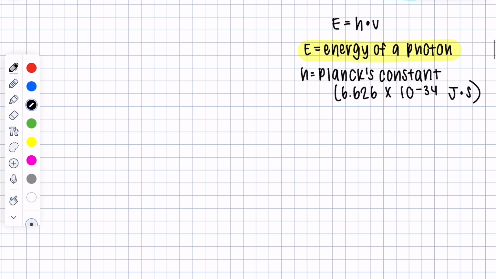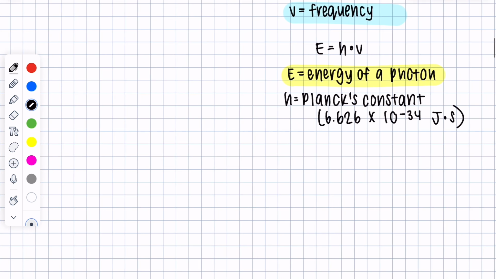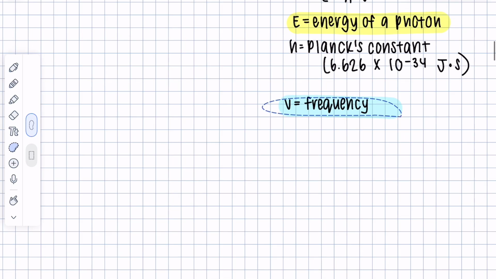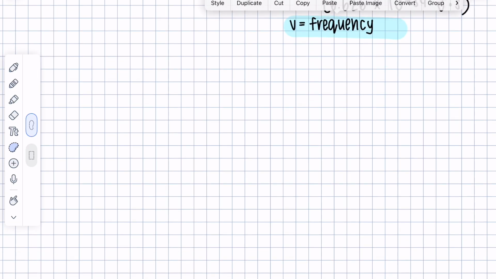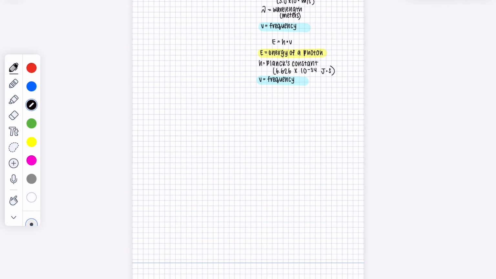And finally, we have v in this formula, which we already know is frequency. So let's go ahead and duplicate that and just place it there. All right, so we've established what both of our formulas look like and how they work.